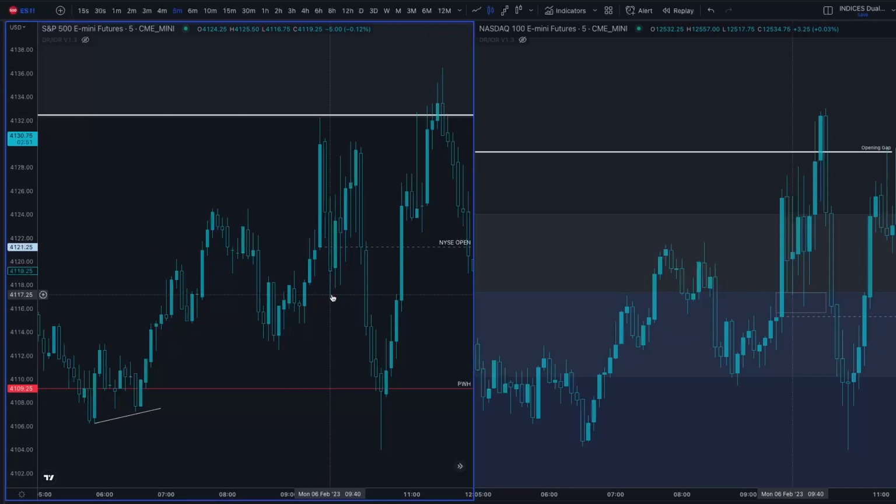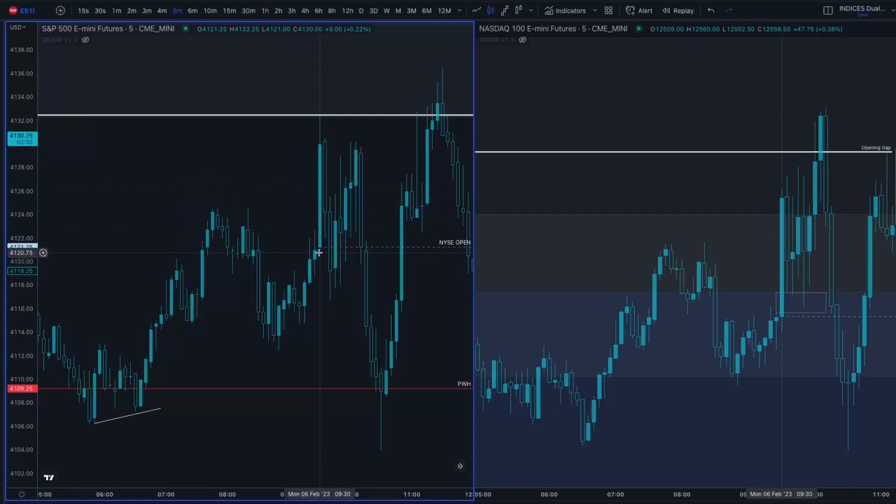So the displacement would come before 9:30, and then your entry would come after 9:30 when price comes down into the discount area. In this case, it had already played out ahead of time. So the only play I really had was a type 3 situation, which is a false start.